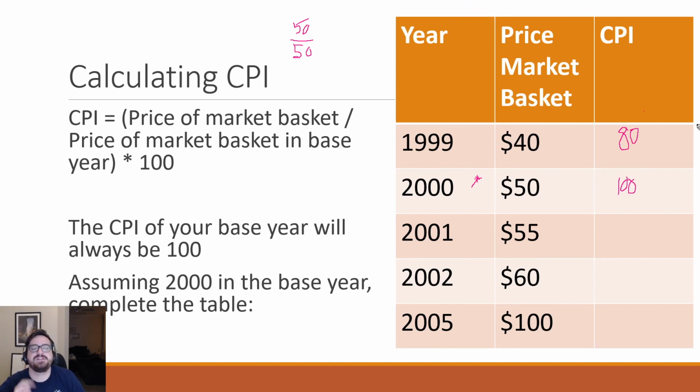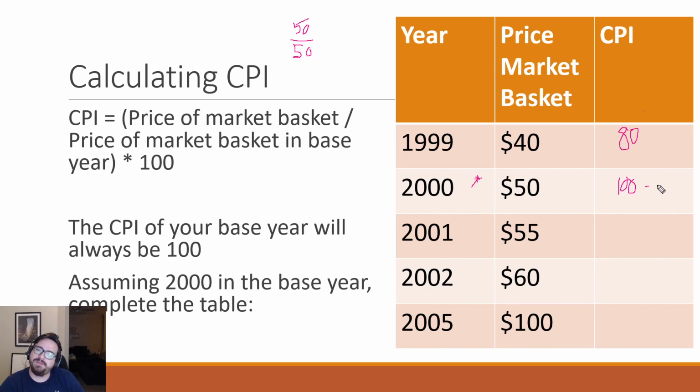So the reason why the CPI of your base year is 100 every time is because you're comparing it to itself. You're saying, okay, how much did prices change from this year to this year? And the answer is it didn't.